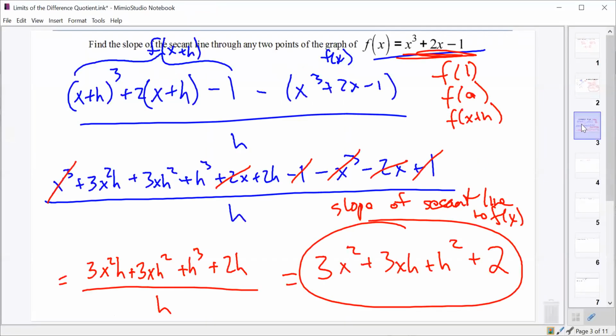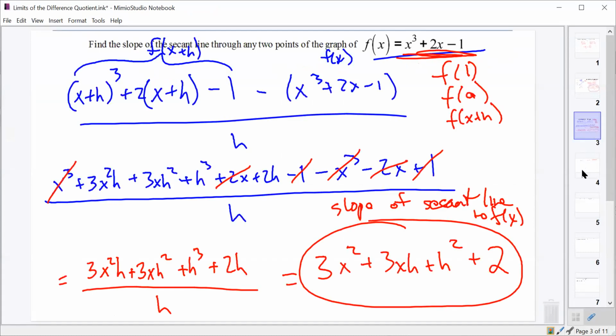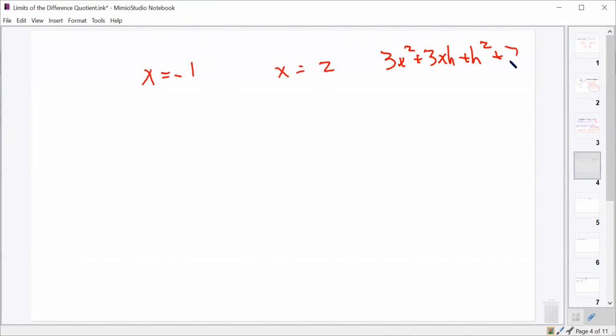Our formula, 3x squared plus 3xh plus h squared plus 2. All we have to do is plug in our values. So if we're going from x equals -1 to x equals 2, we're going to use x equals -1, and h is equal to what? 3, right?